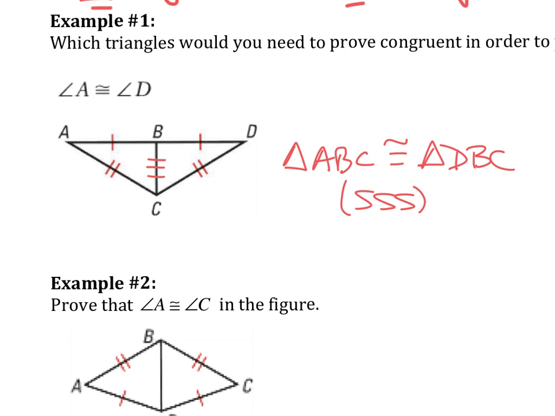Can we now conclude that angle A is congruent to angle D? Yes. Because the triangles are congruent, the parts are now congruent, and so these are going to be congruent by C, P, C, T, C. Okay? Corresponding parts of congruent triangles are congruent. Okay? Does that make sense? Okay?